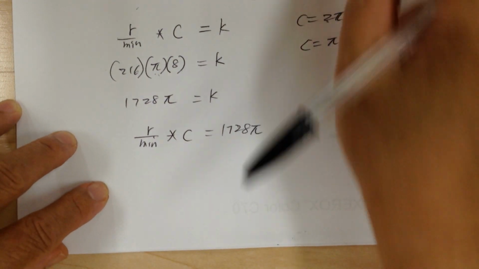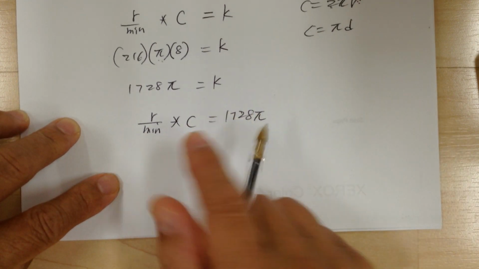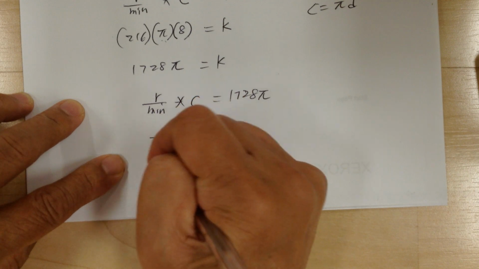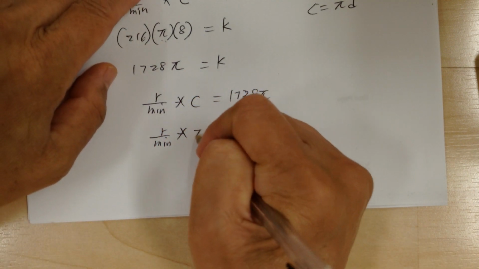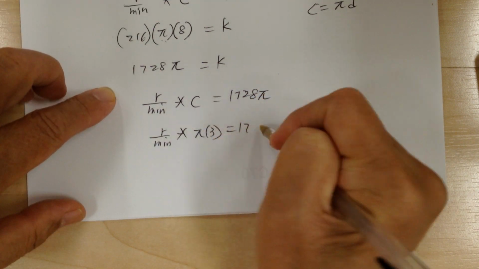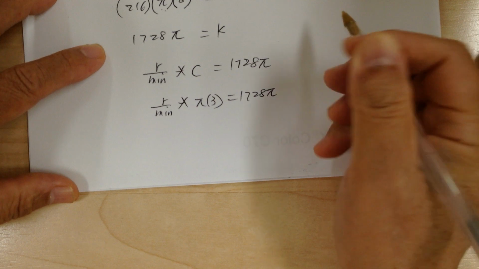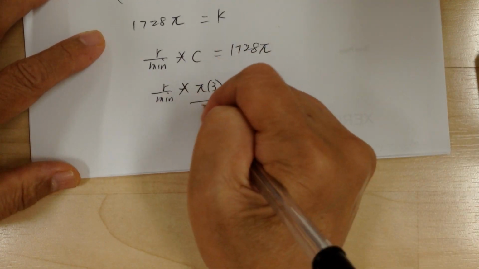Okay, how many revolutions per minute? Okay, so revolutions per minute times pi d, so pi, and the diameter is 3, so equals 1728 pi. So to find revolutions per minute, you divide by 3 pi.